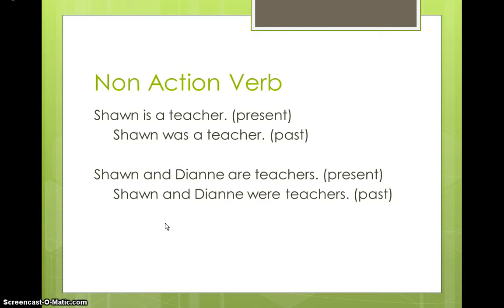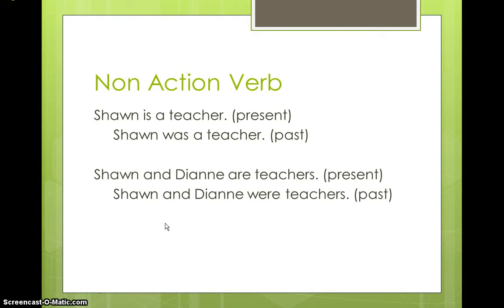So here you have it. Sean is a teacher to show that he is still a teacher, and Sean was a teacher to show that he is no longer a teacher. Okay, we have the next one. Sean and Diane are teachers, because we have more than one subject.